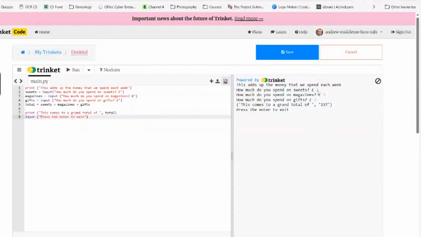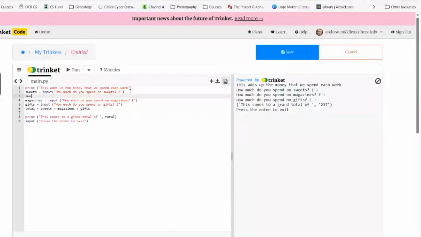So it's joined a 2 to a 3 to a 7. It's not looked at sweets and magazines and gifts, those containers, as if they hold numbers. It's looked at those containers as if they hold words.